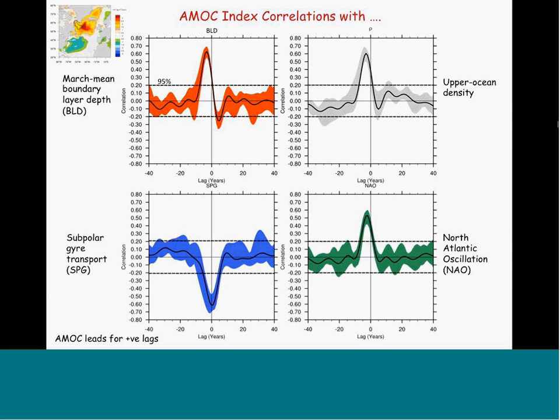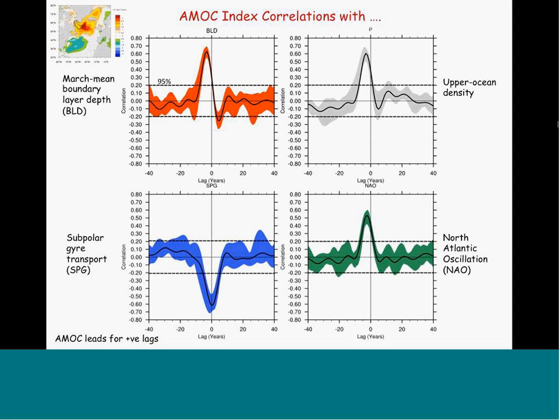What I want to do now is, we know that the AMOC variability amplitudes and time scales vary quite a lot among the models. I'm trying to identify some robust aspects of AMOC variability that we can hopefully count on. What I'm showing here are AMOC index correlations with boundary layer depth, top left, Labrador Sea upper ocean density, all computed in that box region, and subpolar gyre strength and NAO, the two bottom panels.